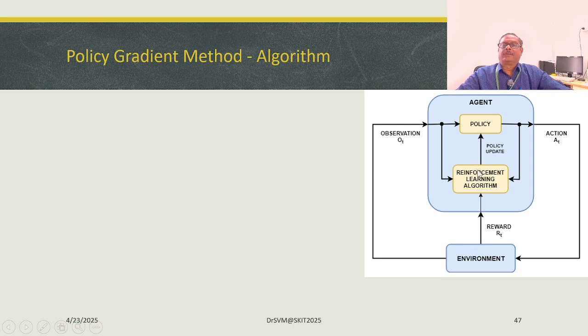This change in action for the same state s of t should depend on the policy, and this policy keeps updating depending on what happened with the action, and after the action what the reward was. Did we move towards the goal state or did we move away from the goal state? That is going to be told to us through the reward and this cumulative reward.